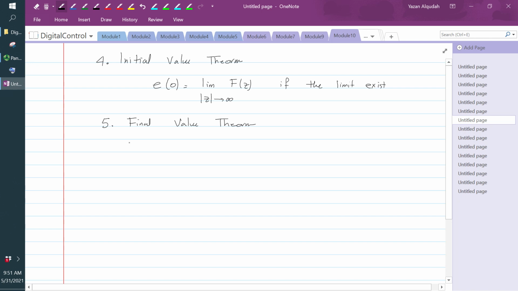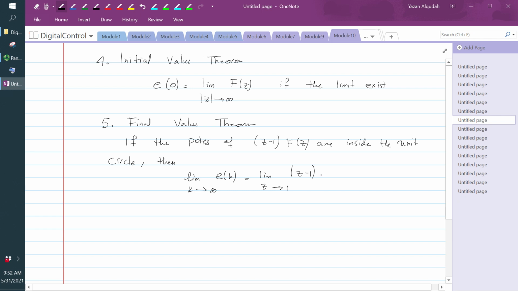In this theorem, if the poles of (z minus 1) multiplied by F(z) are inside the unit circle, then the limit as k goes to infinity of e(k) is going to equal the limit as z goes to 1 of (z minus 1) multiplied by E(z).